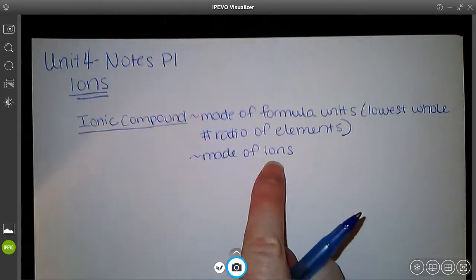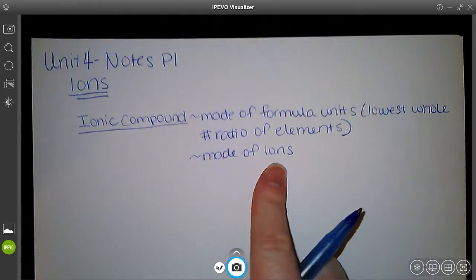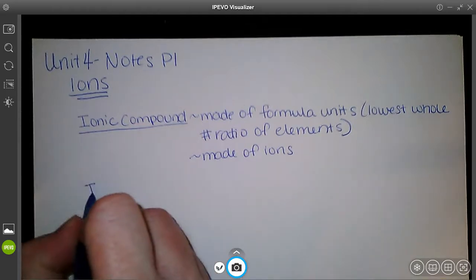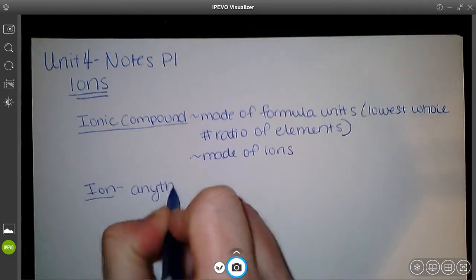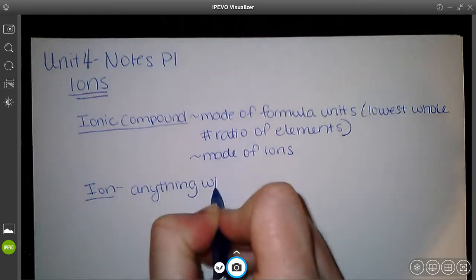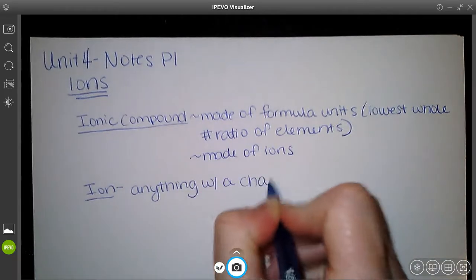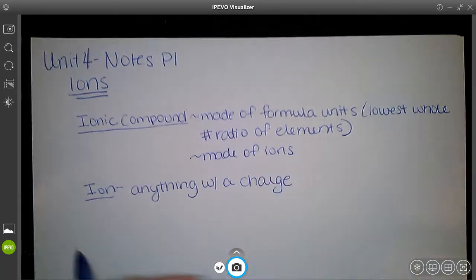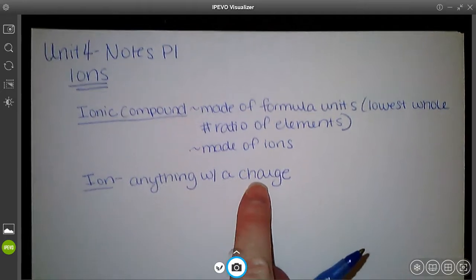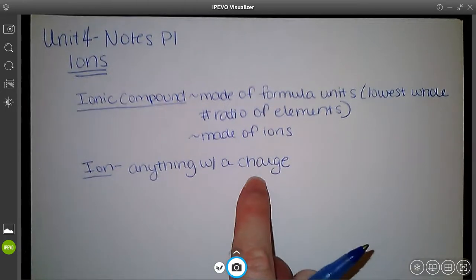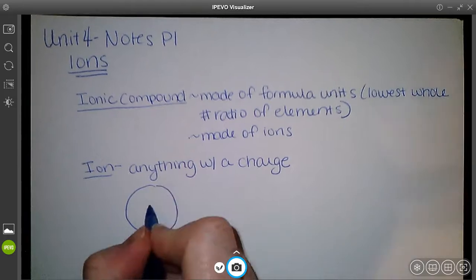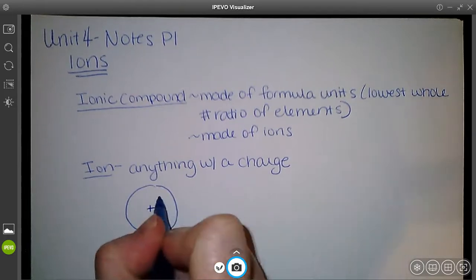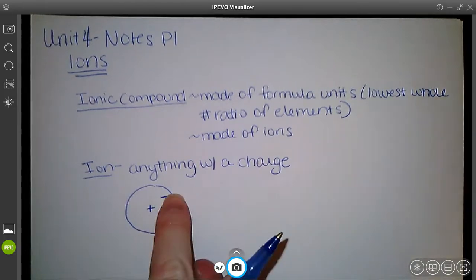So then, if we're saying that ionic compounds are made of ions, we need to describe what an ion is. An ion is anything with a charge. If we think back to what we learned about charges and our atoms, our atom has a positive center from the protons and a negative outside from the electrons.